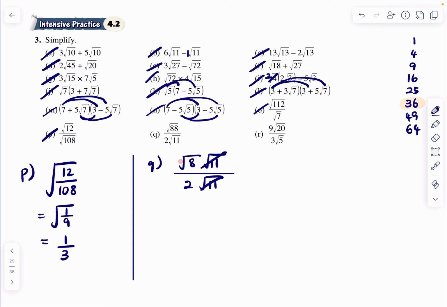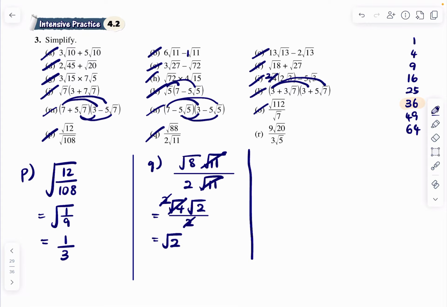Square root of 8, we can split it. So square root of 8 can be square root of 4 times square root of 2, over 2. 4 times 2 is 8. Then square root of 4 is just 2. So 2 and 2 we can cut, leaving us with square root 2.